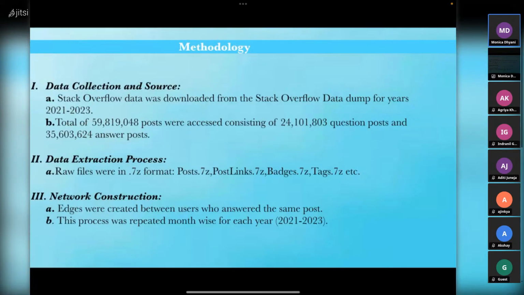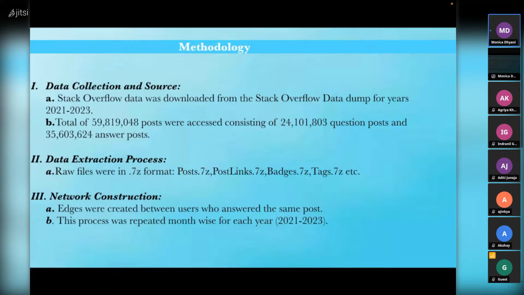The methodology adopted is that firstly the data was collected. It was downloaded from the Stack Overflow data dump. For 3 years we downloaded the data, and a total of 59 million posts were accessed, consisting of 24 million question posts and 35 million answer posts.